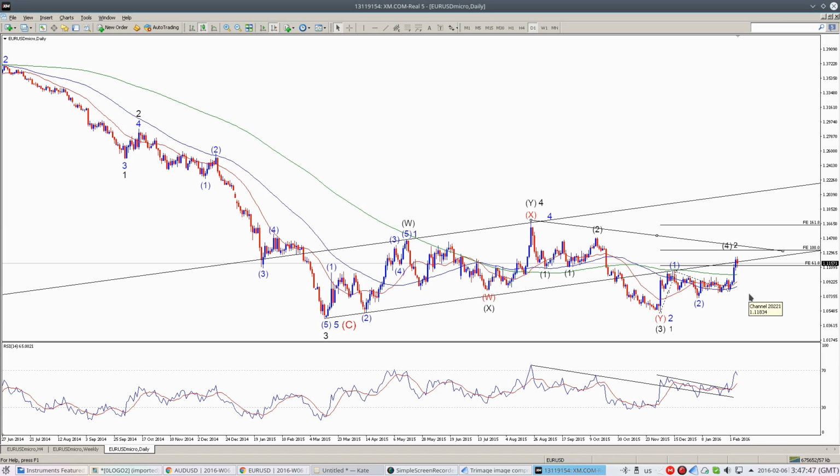That would be the first alternative, the first bearish alternative.